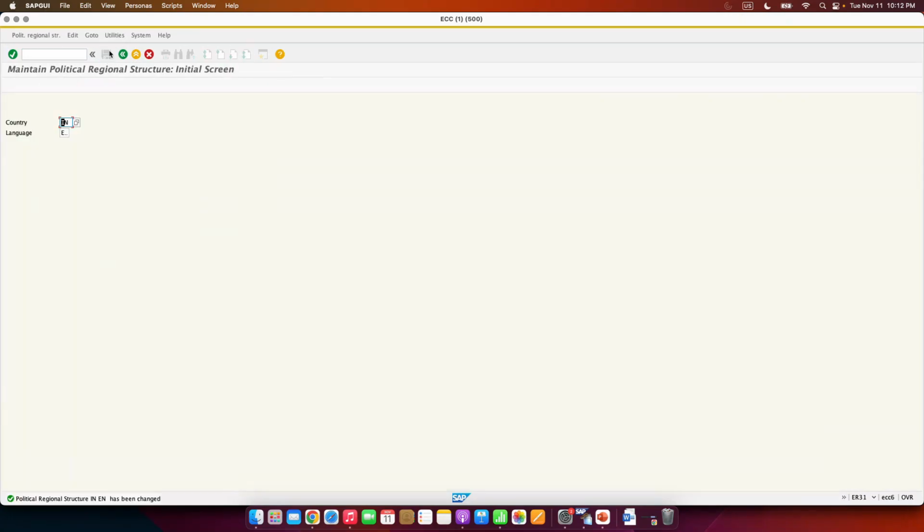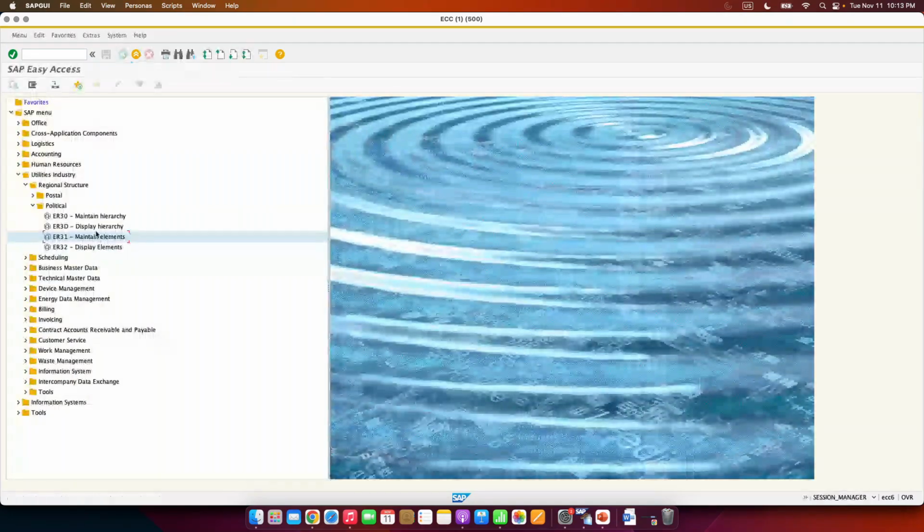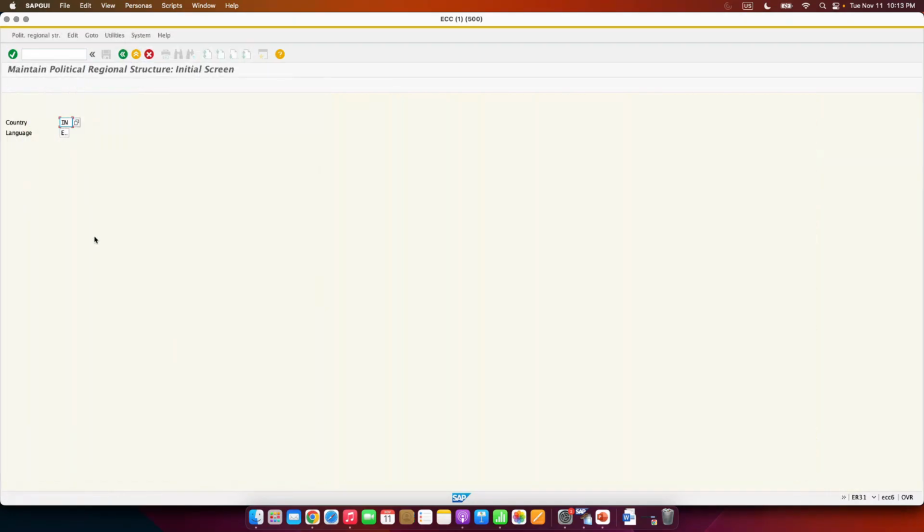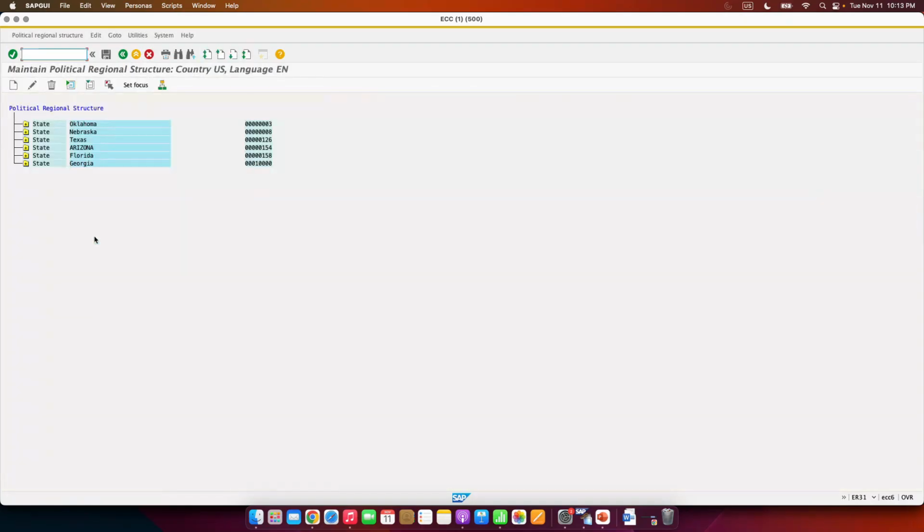Same case if I go with US, we have states: Oklahoma, Nebraska, Texas, Arizona, Florida.